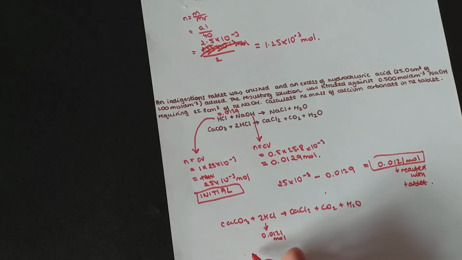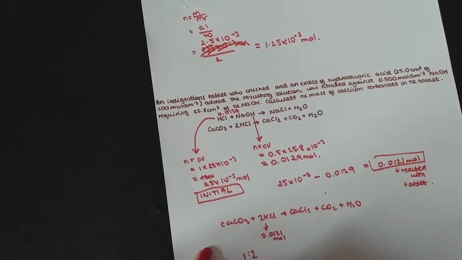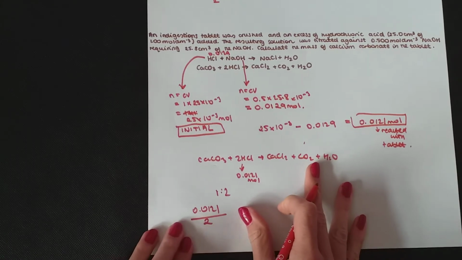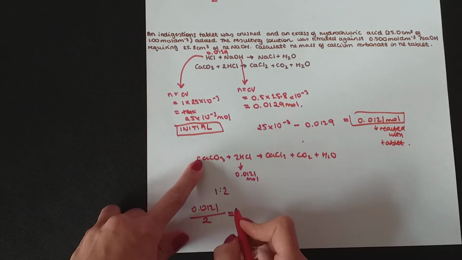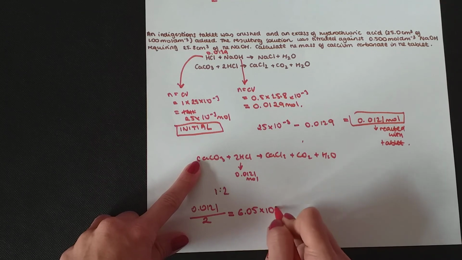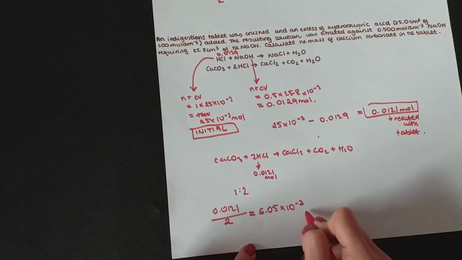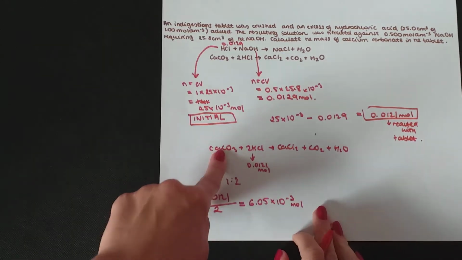The ratio is 1 to 2. So we need to divide 0.0121 by 2 to get the number of moles of calcium carbonate, and that's 6.05 times 10 to the minus 3 moles. That's the number of moles of calcium carbonate.